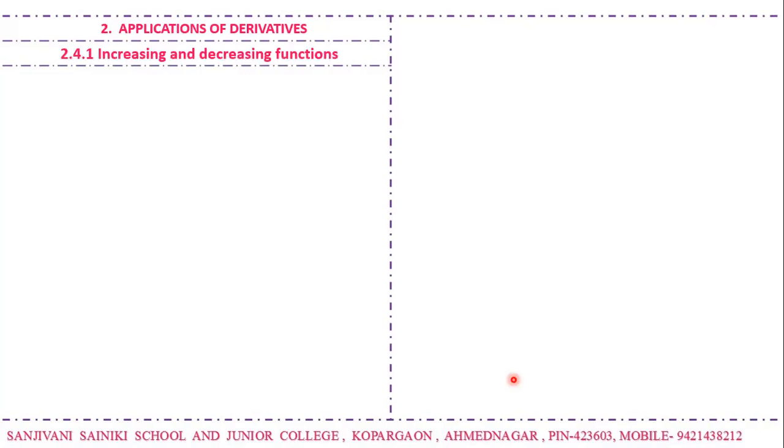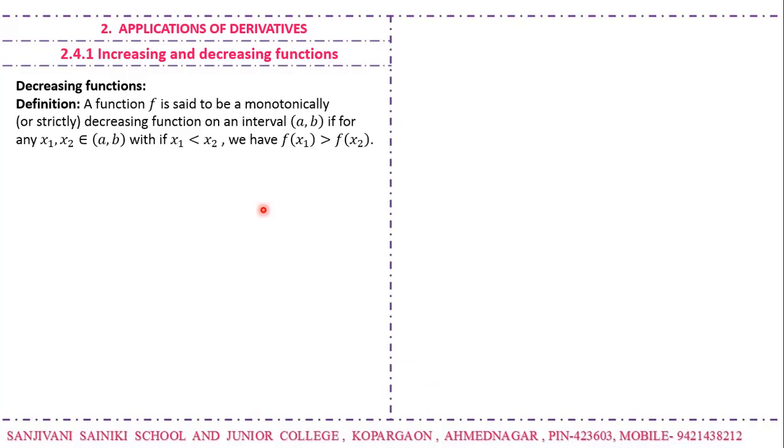Now, on the same line, we have to discuss the decreasing function. On the same line, the function f is said to be monotonically decreasing on the interval AB if for any x1 and x2 belonging to the open interval AB, x1 is less than x2.